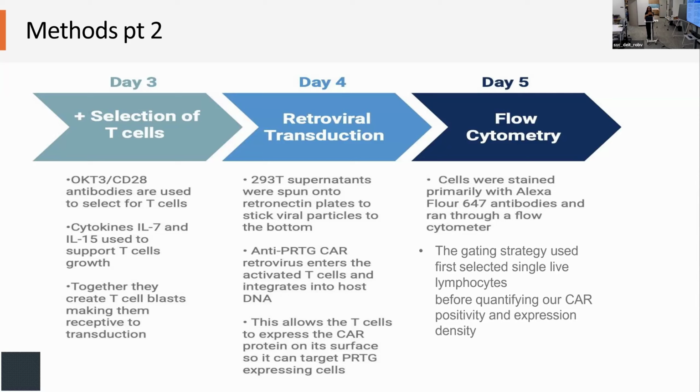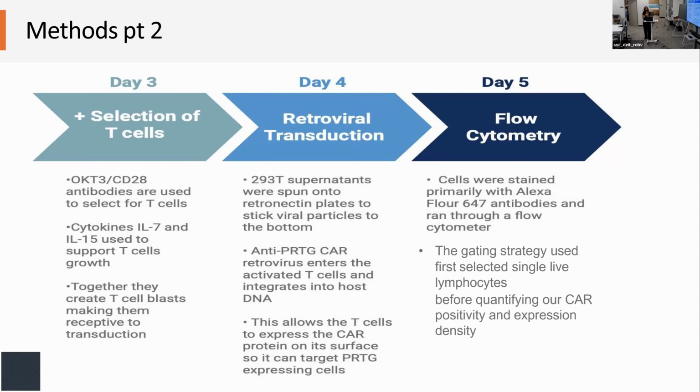And then together they form the small T cells into T cell blasts, making them receptive to the transduction that we'll do in the next step, which is the retroviral transduction. In this, the 293T supernatants were spun onto retronectin plates. And retronectin plates are pretty much like sticky particles that we put on the bottom of the plate to have the viral particles stick to the bottom.